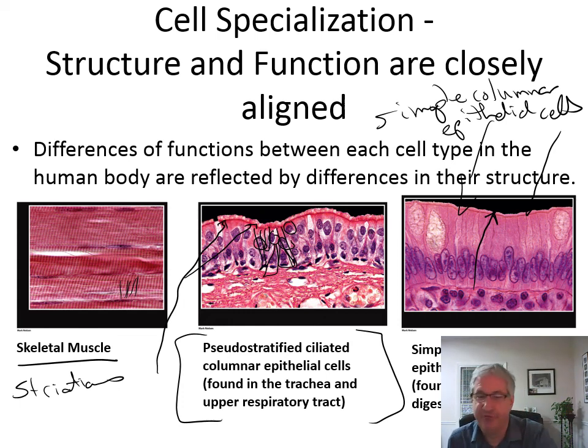Those are actually microvilli sticking up there, and that improves surface area for absorption of nutrients in the digestive tract. So this structure aligns with the function of all these guys.